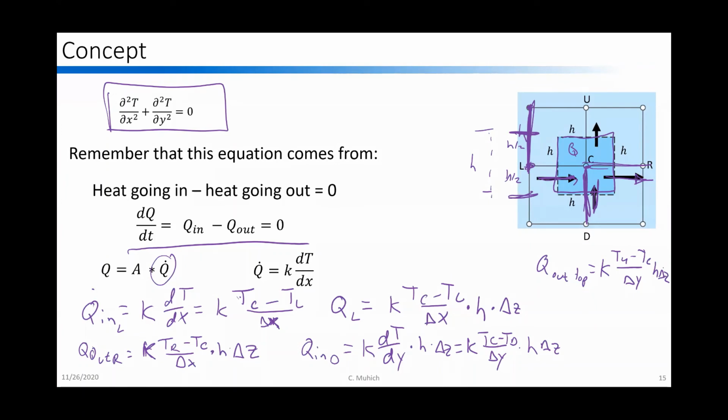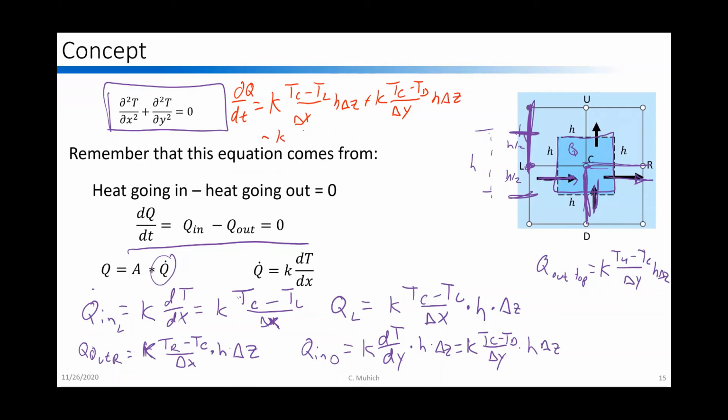Right? And so I can take all of these pieces and write them out all together. We sum all the ins, so dQ dt is the ins. So that's K (TC minus TL) over delta x, h delta z, plus K (TC minus TD) over delta y, h delta z, minus what goes out.